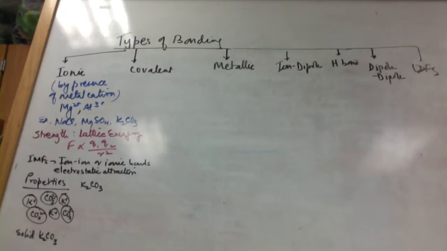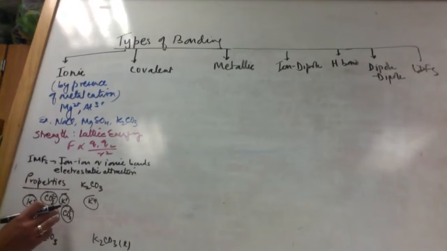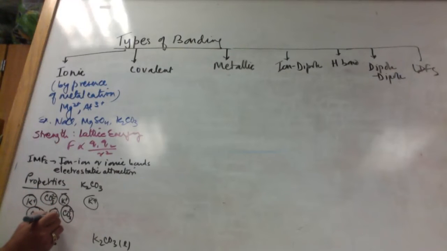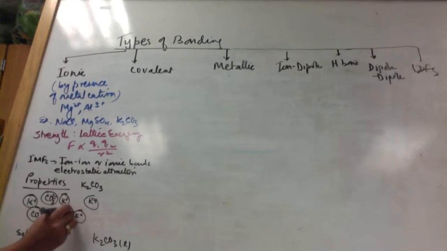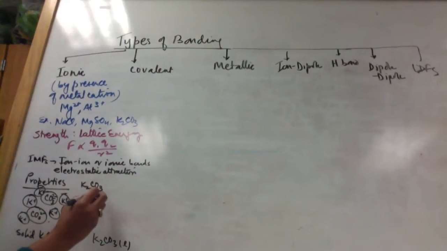So you want to draw them closer. If it is liquid K2CO3, then they will be farther apart. I did not draw them right. There should be another K here, K2CO3, and another K here, right?